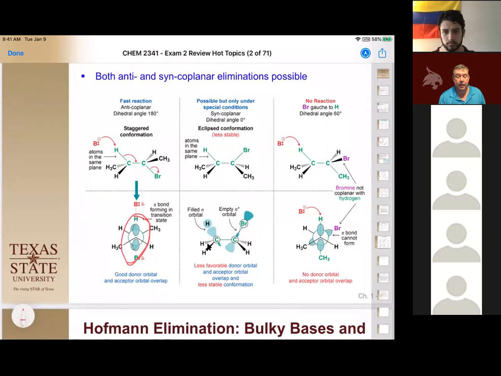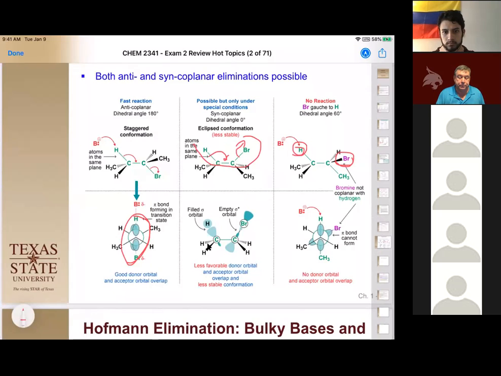It can happen if they're on the same side here, because again, these electrons are kicking in while these electrons are kicking out, but it's rarely in that configuration because it's less stable in that form. And if you cannot get your hydrogen into an anti position with your bromine, the reaction won't happen at all. If your leaving group and your hydrogen are in a gauche position, they will not react.